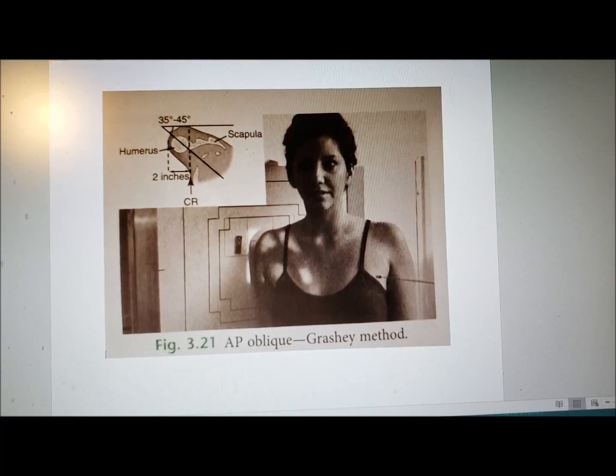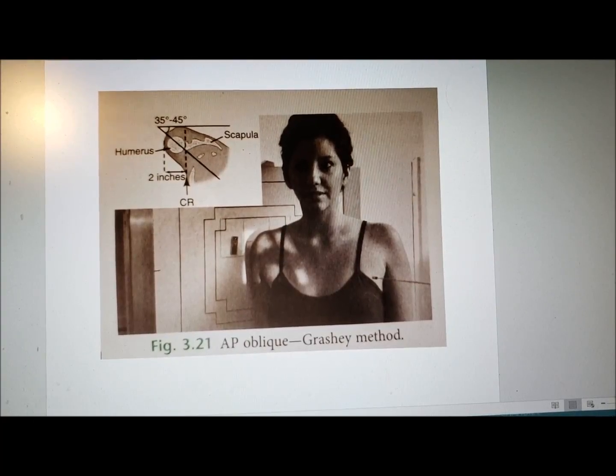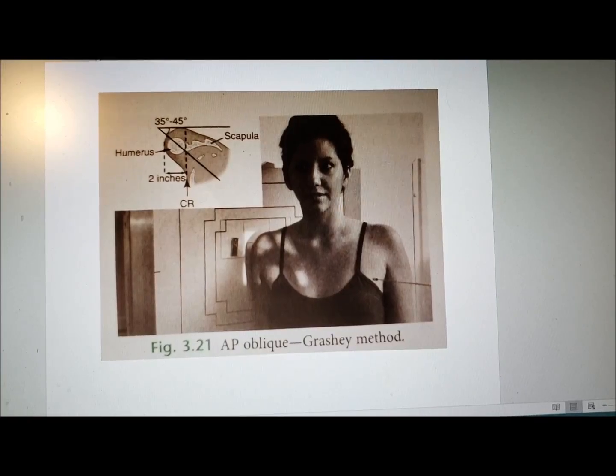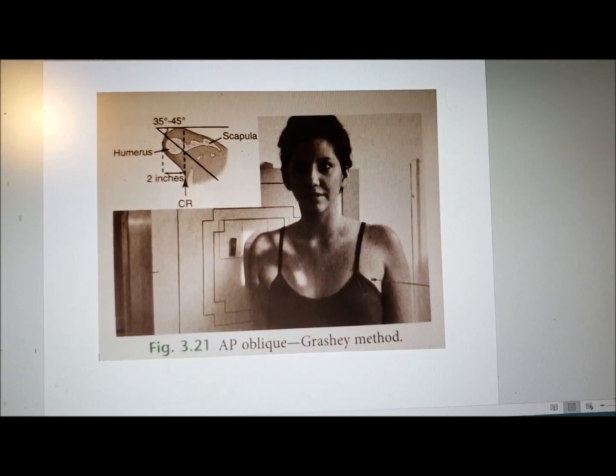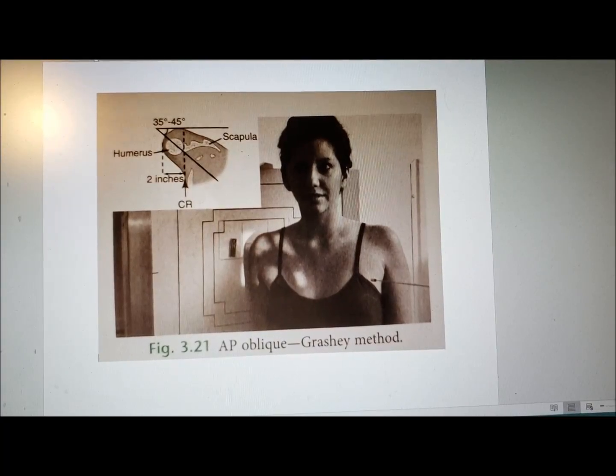Hand and arm placed in a neutral rotation. Center the mid-scapulohumeral joint to the CR. This would be 2 inches inferior and medial from the superior-lateral border of the shoulder.